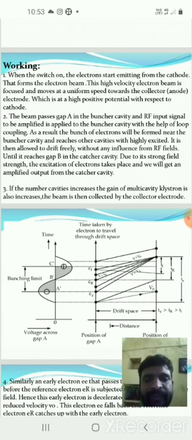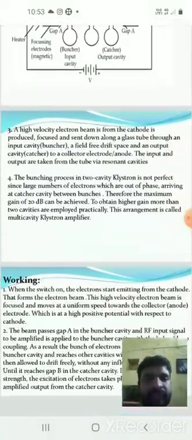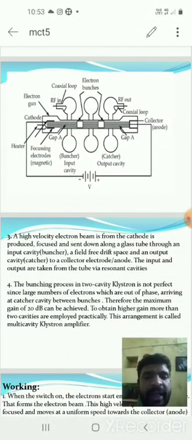That means in this diagram, the first cavity is called the buncher cavity. In this cavity, we give the RF, radio frequency, signal as the input. This input signal is given to the buncher cavity through the vacuum tube or glass.